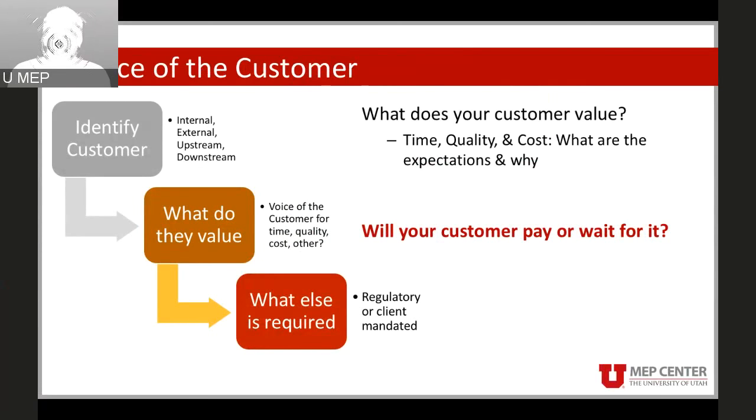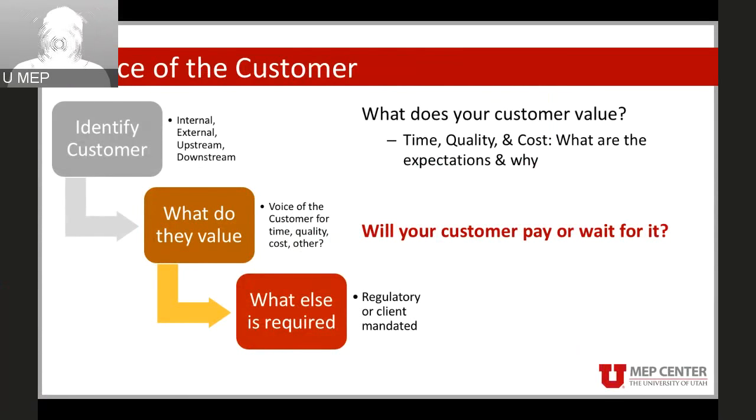We look at it in terms of time, quality, cost, and really try to understand what their expectations are. When we move through this process, we want to first identify our customer. They could be internal, they could be external. Sometimes they're upstream, downstream. Wherever they might lie, we want to identify them and find out where they're at.